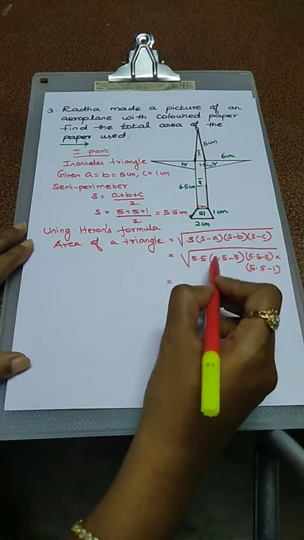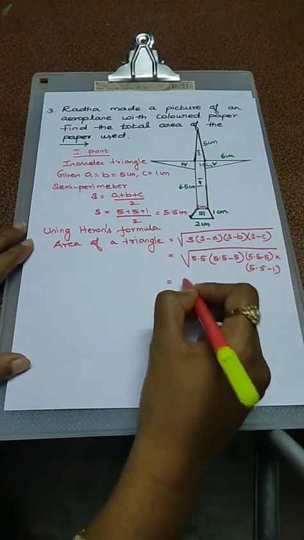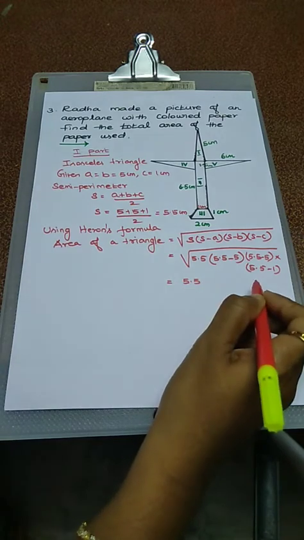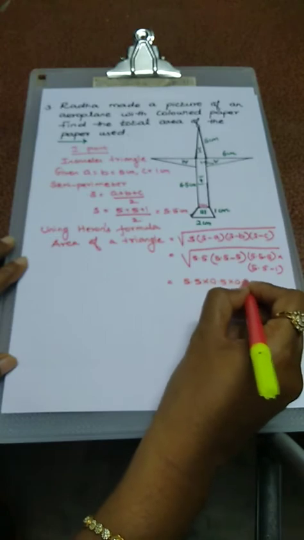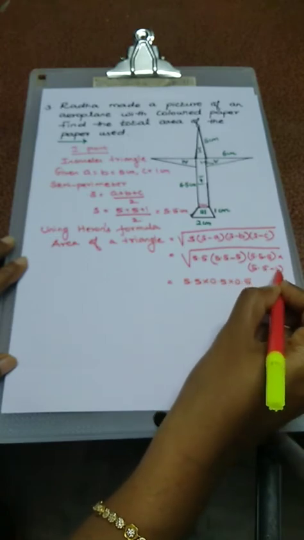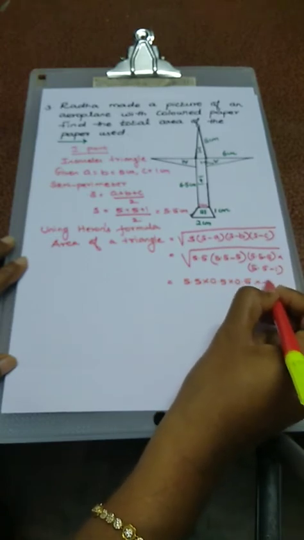So we just use the value. 5.5 is our first value. 5.5 minus 5 is actually 0.5. Another one also 0.5. Another one, 5.5 minus 1 is actually 4.5.